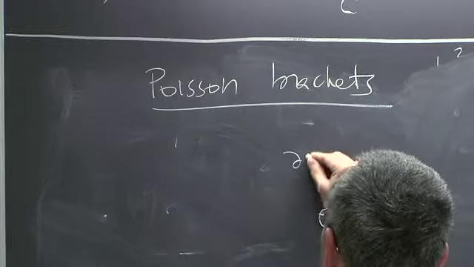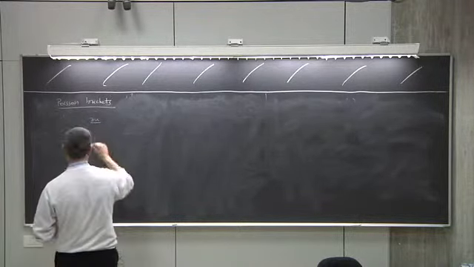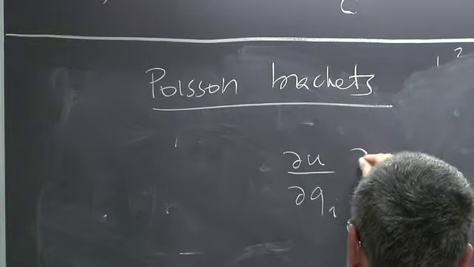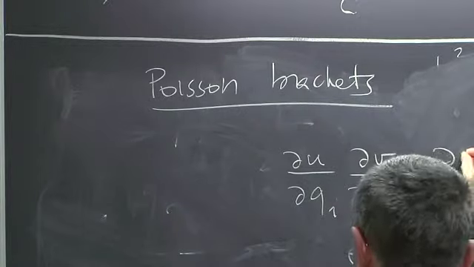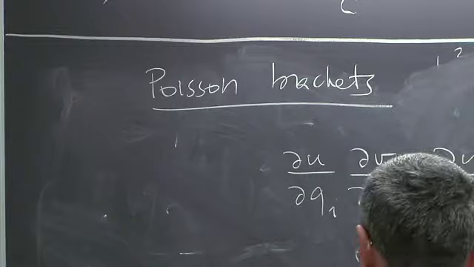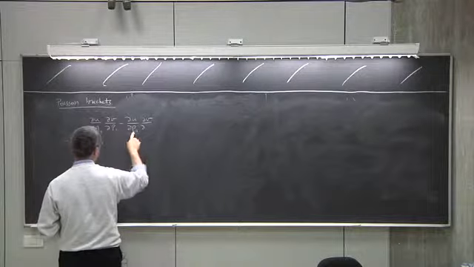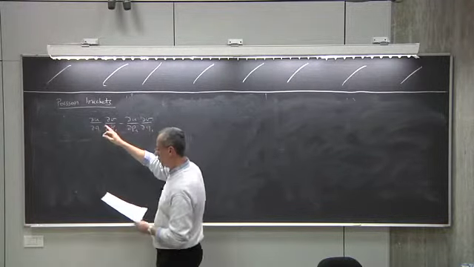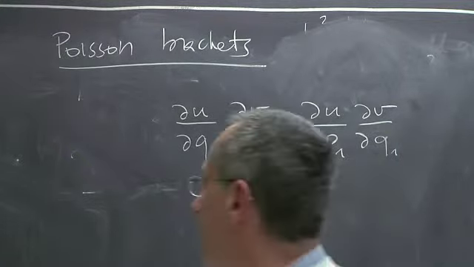This is just a handy way to see things. Very often in this business, if you have two functions of your canonical variables, you end up taking this particular combination of derivatives. So U and V are functions of your canonical variables Q, P, as many as the degrees of freedom.